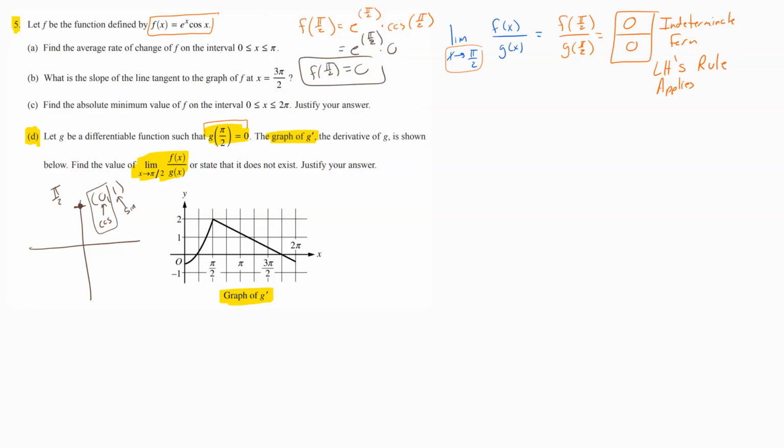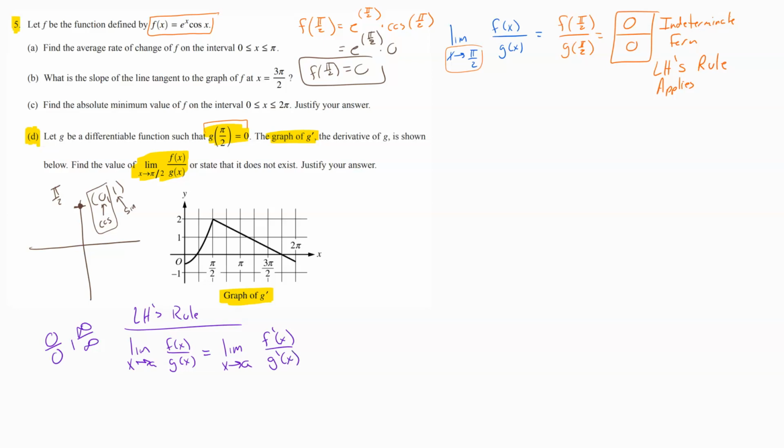What L'Hopital's rule says, just so that we know how to apply it: the limit as x approaches some number of f of x divided by g of x, if you get an indeterminate form, 0 over 0 or infinity over infinity, then you can apply the rule, and it tells us that limit is going to be equal to the limit as x approaches that same number of the derivatives of those two pieces.